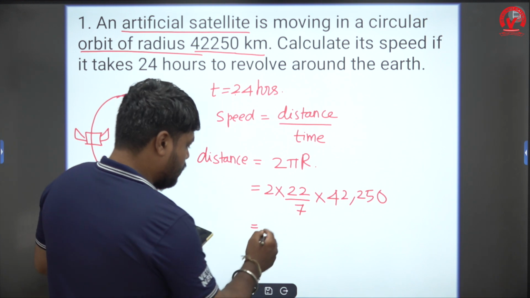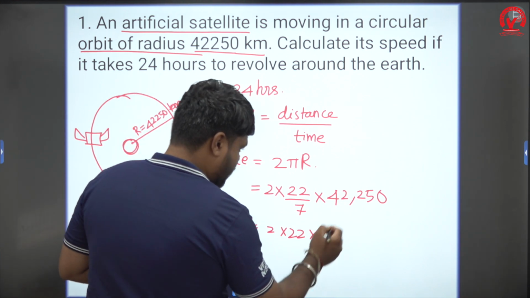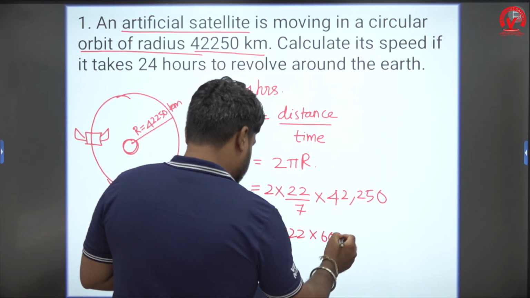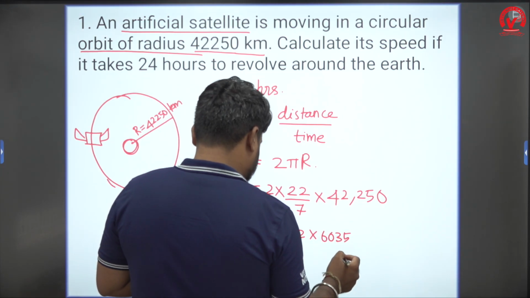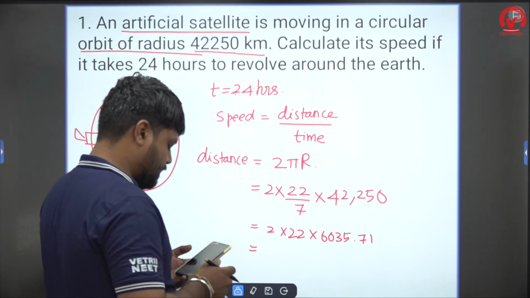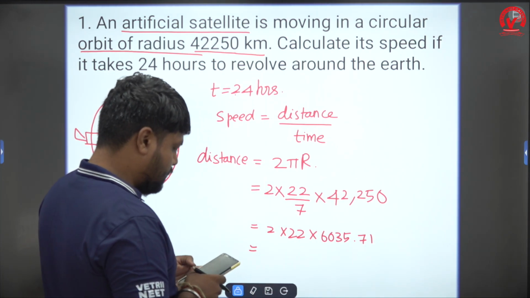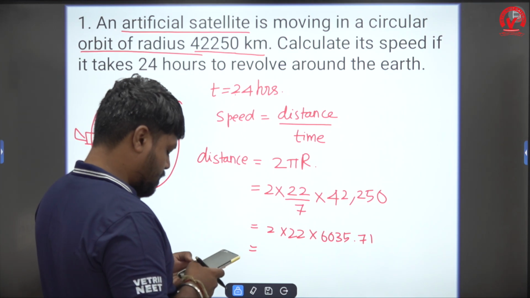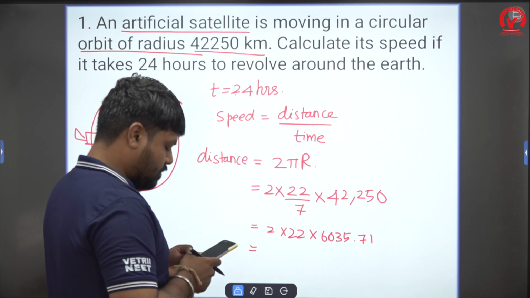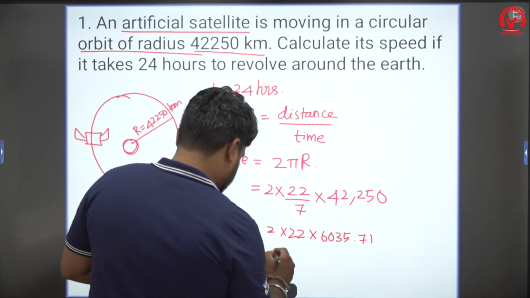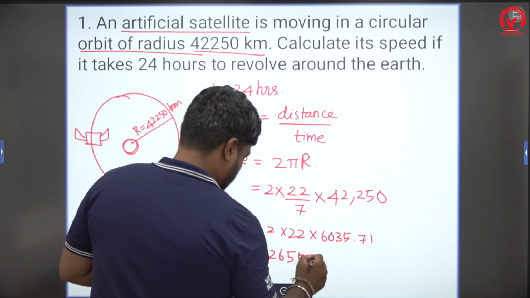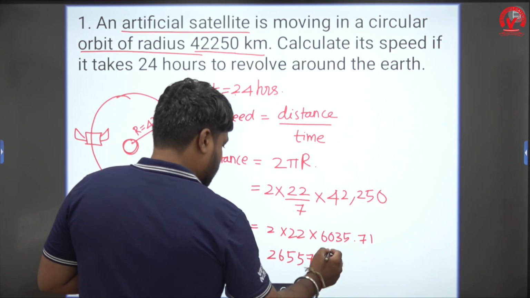It gives you 6035.71. Okay, so I am going to multiply this with 2 into 22, which is 44. If you multiply with 44 you will get 265,571 kilometer.